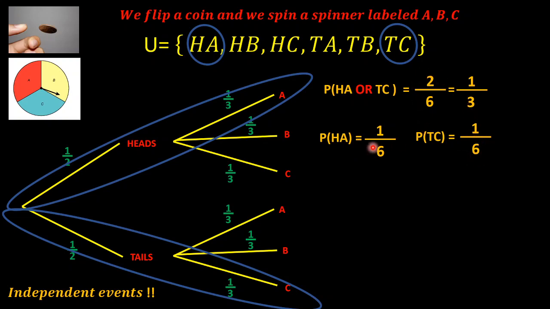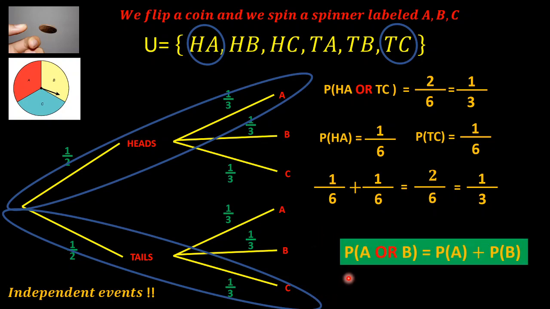But how can these two now combine to get the 2 over 6? 1 over 6 plus 1 over 6 would give me 2 over 6, which is simplified to a third, what we got initially from here. Now, as a summary, the probability of an event A or B to happen is the probability of A plus the probability of B.